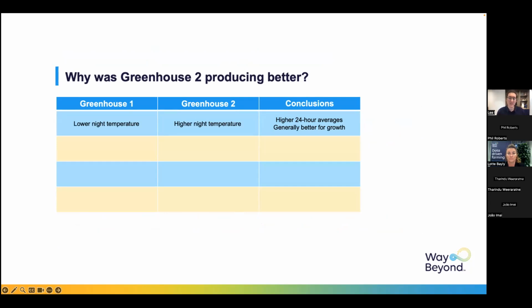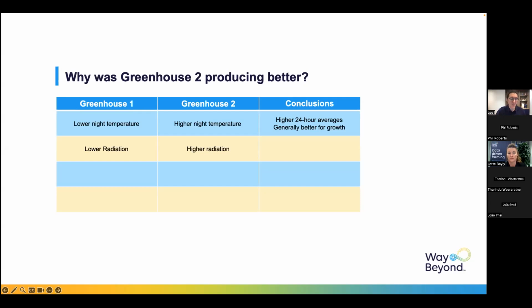What we can also see is that there was likely a higher difference in daytime temperature and nighttime temperature for greenhouse 1. For good production and good plant health, we want a smaller, but not too small, difference between nighttime and daytime temperature. So greenhouse 2 probably had a better nighttime, daytime temperature difference than greenhouse 1.